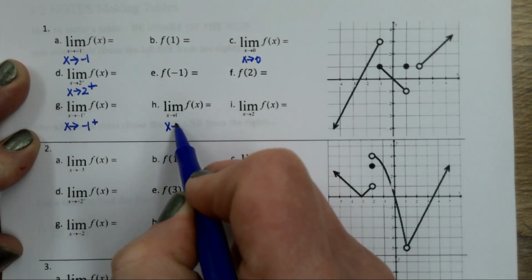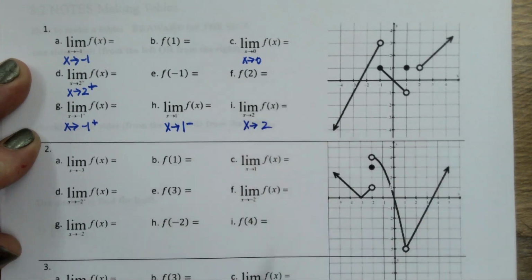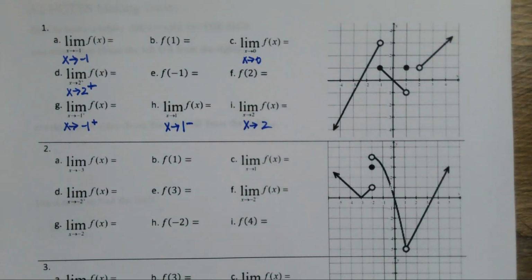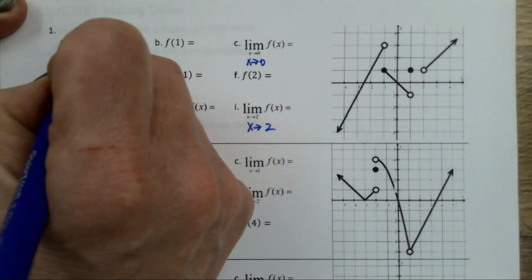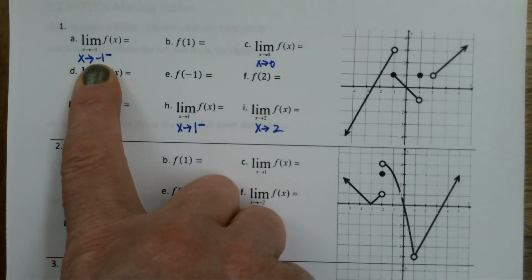X approaches 1 from the left, and x approaches 2 in general. Okay. For 1A, there's a little tiny negative thing. You can see it better on yours. Okay, then let's put that in there. Good. All right. So yeah, I can't see it at all on mine, and I do very much apologize for that. All right. So take a look.